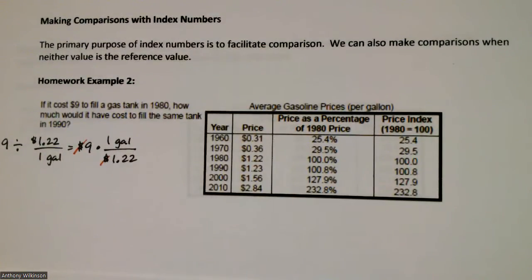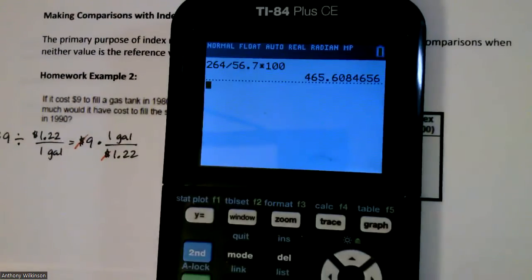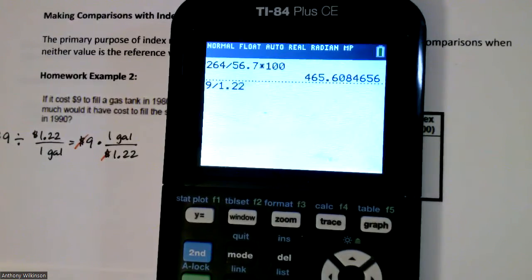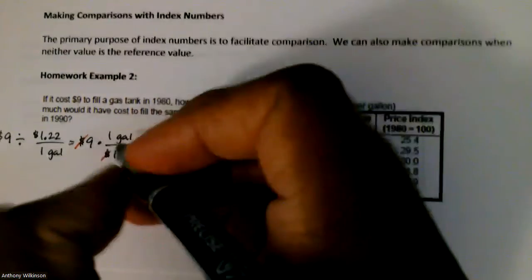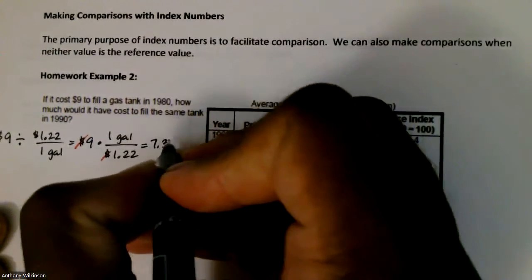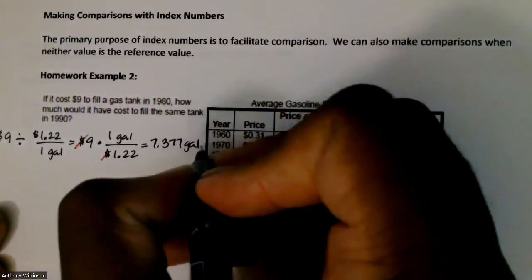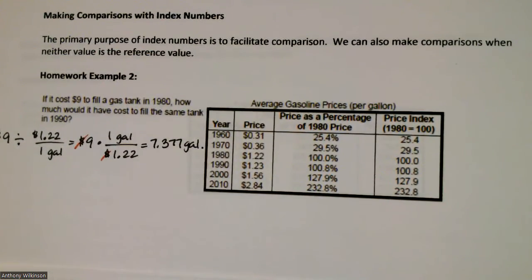So it's going to be 9 divided by 1.22. I'm going to round this off to 3 decimal places, that way I can get a more precise answer, 7.377. So it's going to be 7.377 gallons of gasoline. Back in 1980, for $9, I can fill the tank up with 7.377 gallons.